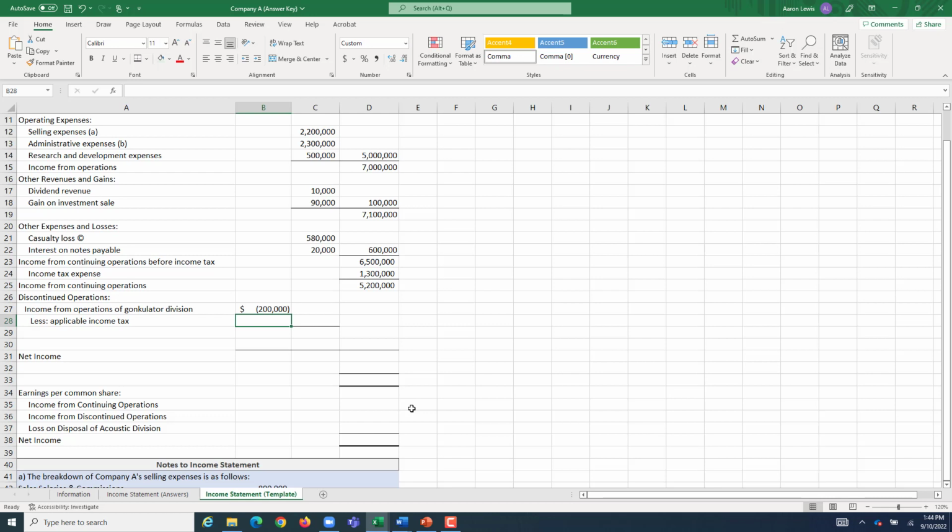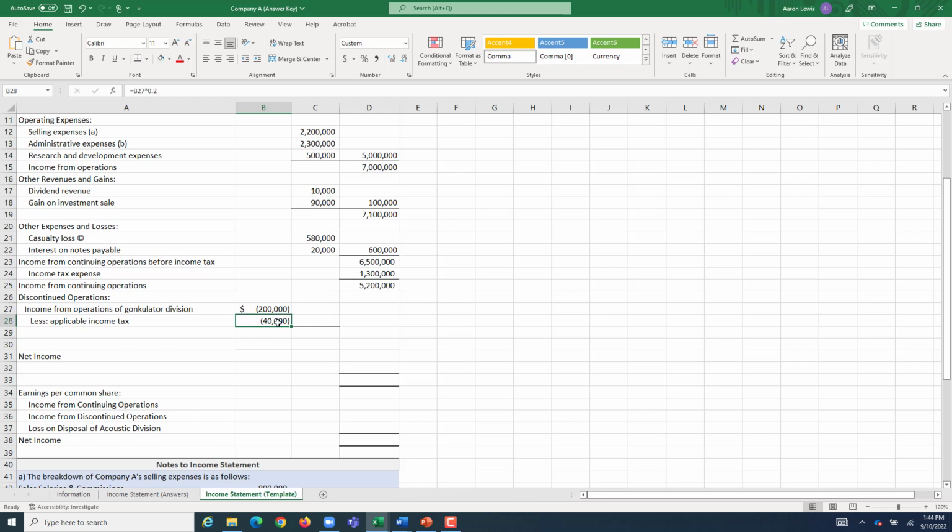So we need to offset the actual amount of loss that we're realizing by how much it saved us in taxes by being able to report that on our income statement, on our federal tax filing. Well, our tax rate, we already determined up there, was 20%. So if I multiply this by 0.20, I come up with 40,000.